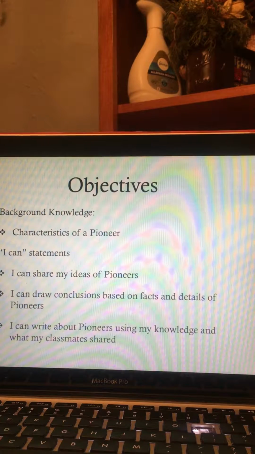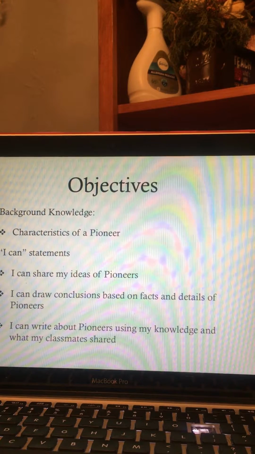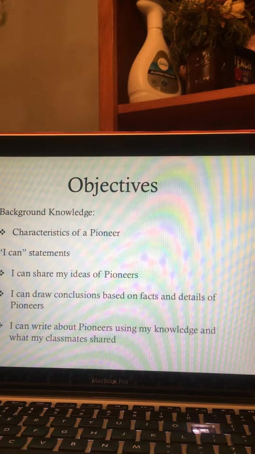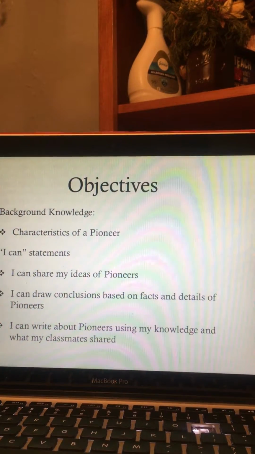My objectives for this lesson, because it's an introductory lesson, we're focusing a lot on background knowledge. First we do a KWL chart and we fill out the K portion of the chart. So I really wanted to focus on drawing on what the students already know before we learn about the topic. So I would be asking about the characteristics of a pioneer.